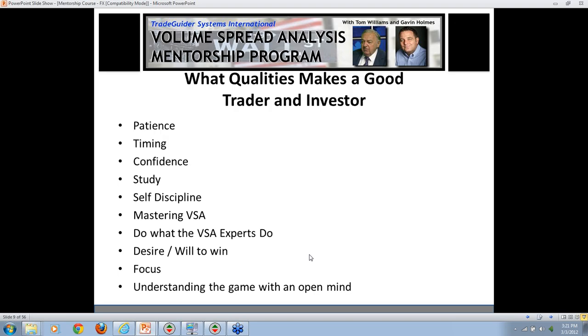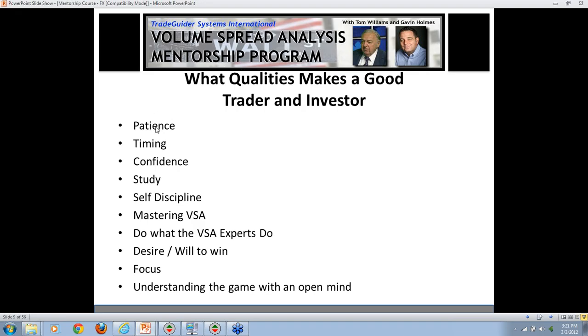I wanted to start with this so we can all focus on what our weaknesses and strengths are, because we all have weaknesses and strengths, whether we're trading, investing, whatever we're doing, and we've got to try to improve on our weaknesses and make our strengths stronger, because that's what we're going to rely on. So here are a few things that I think make a good trader and investor in any market.